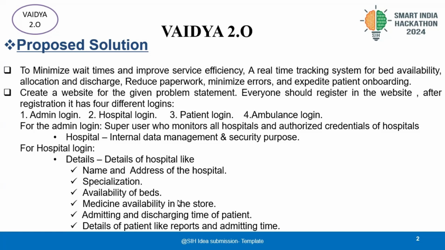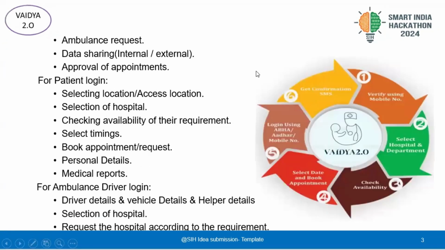The reports of the patient should be transferred from one hospital to another hospital internally. In the hospital login, there will also be ambulance requests. An ambulance can request admission or a bed for the patient.